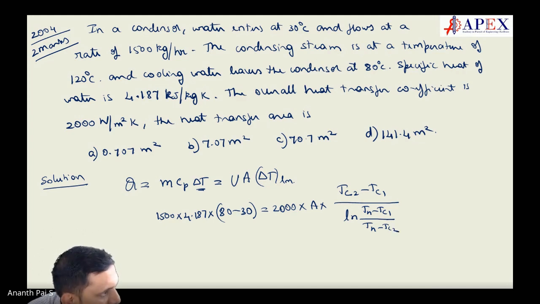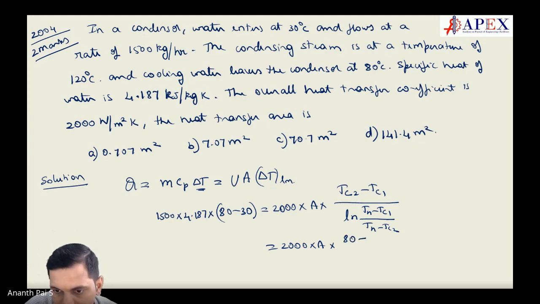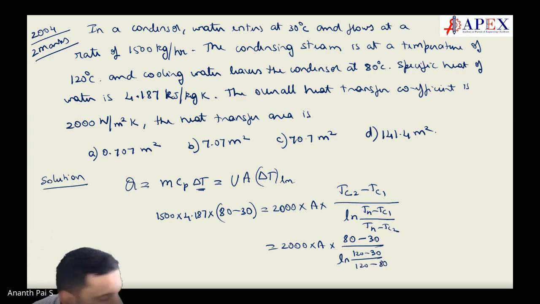T hot is the same, is it not? So you can calculate this. This is equal to 2000 into area into (80 minus 30) divided by log of (120 minus 30) divided by (120 minus 80). One step answer.